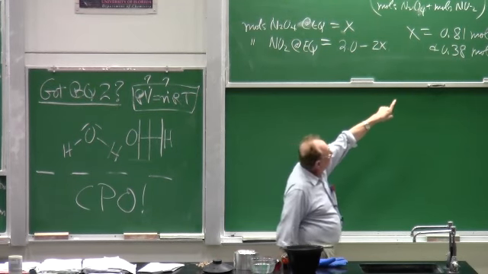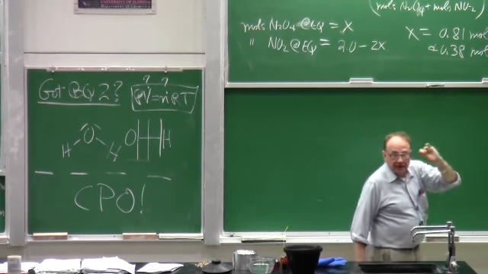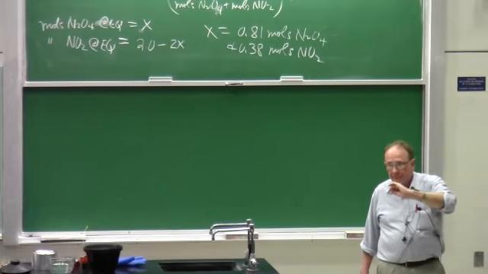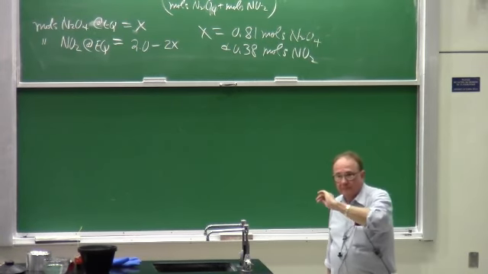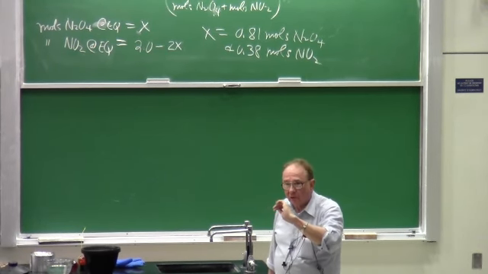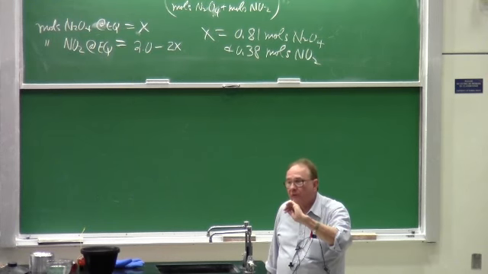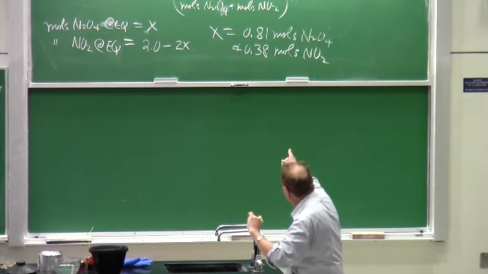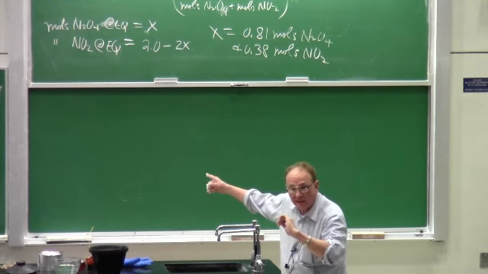What does this tell you? This tells you that at 25 centigrade, the equilibrium mole ratio of N2O4 to NO2 is 0.81 divided by 0.38.